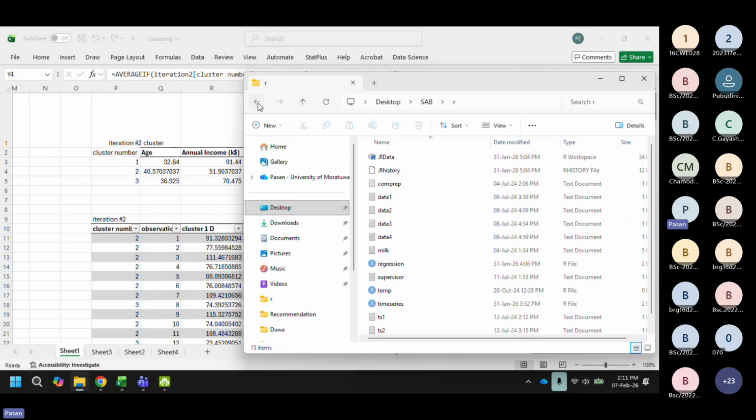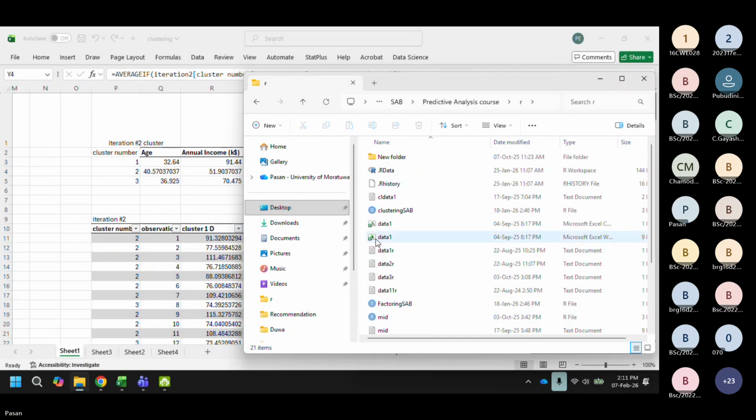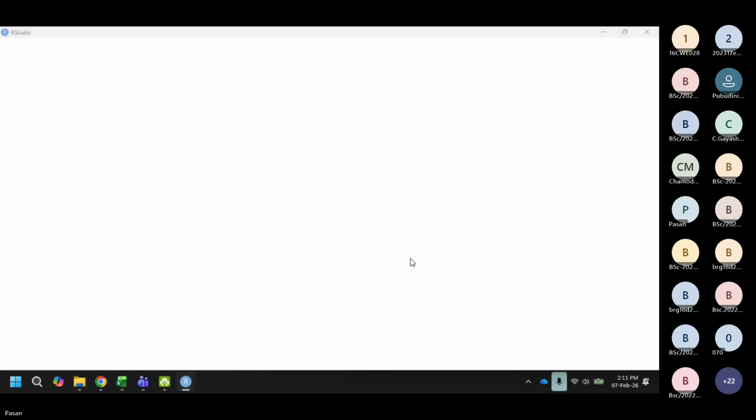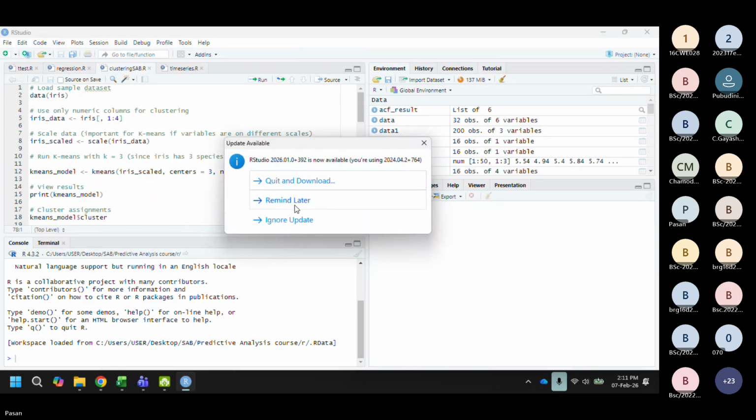Okay, I think it is not here. Let me open this one first. I'm getting this error because I have the older version.